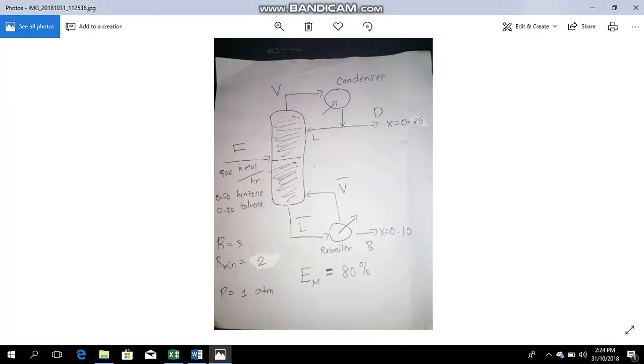We'll go back to our diagram. So we will analyze first the top part, which is the rectifying section.